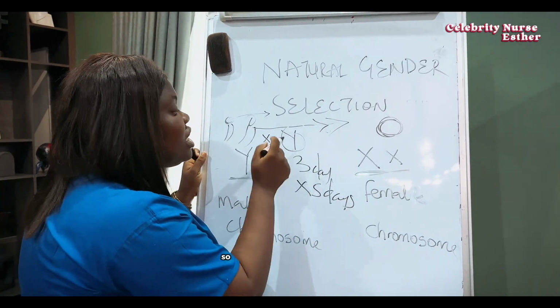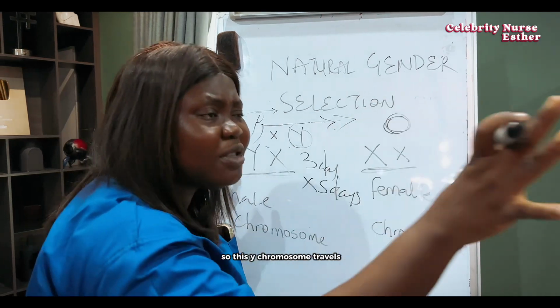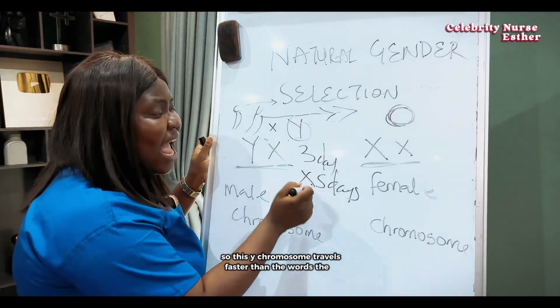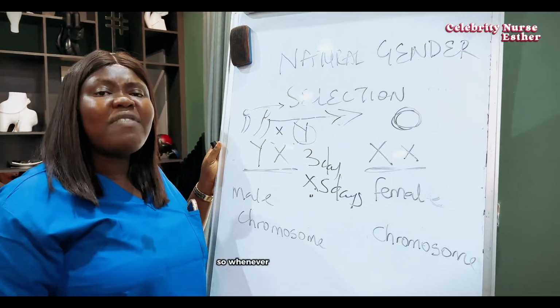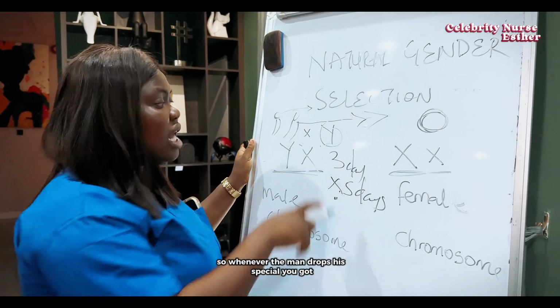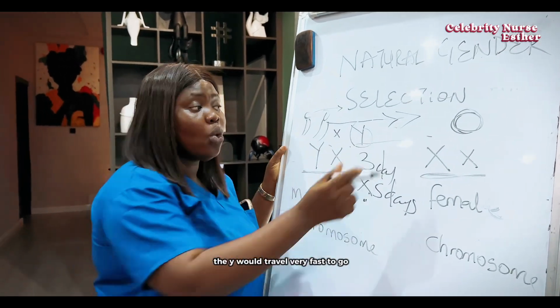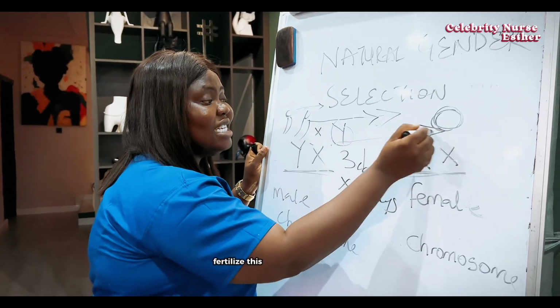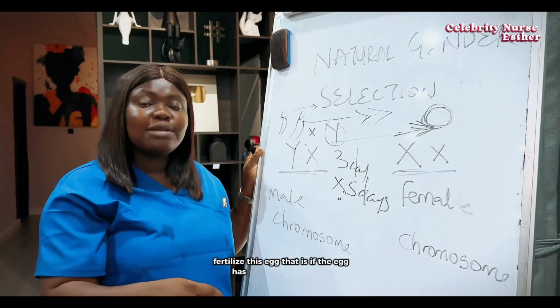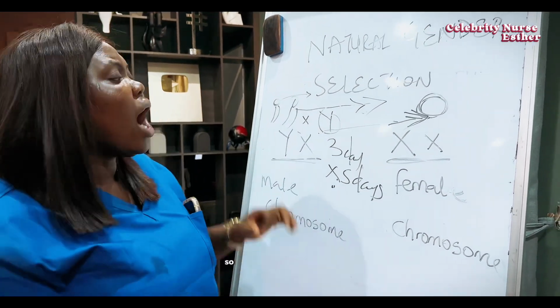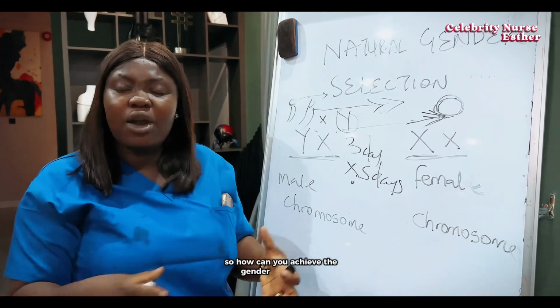So whenever the man releases his sperm, the Y will travel very fast to go and fertilize this egg, that is if the egg has been released.